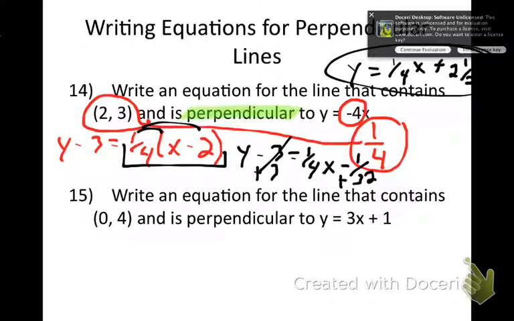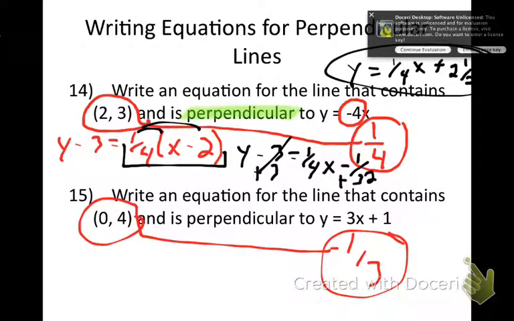Try number 15 here. All right, let's walk through this. What's my new slope going to be? Sean, what's the new slope going to be? Yeah, it's negative 1/3. So I take that negative 1/3 along with this point and plug it in. In point slope form, what would that look like then, Sean?